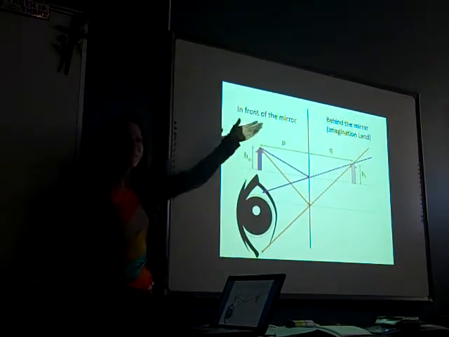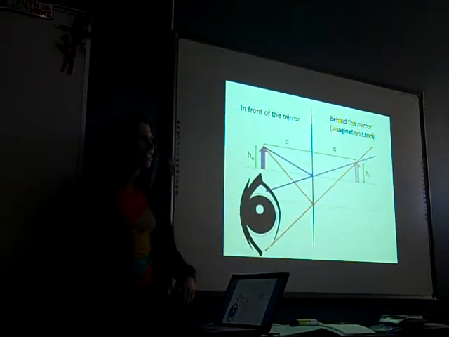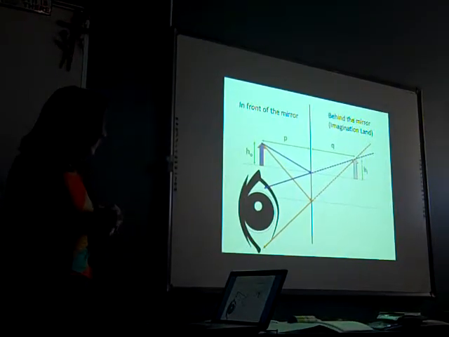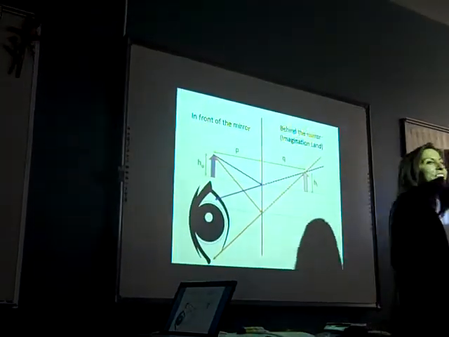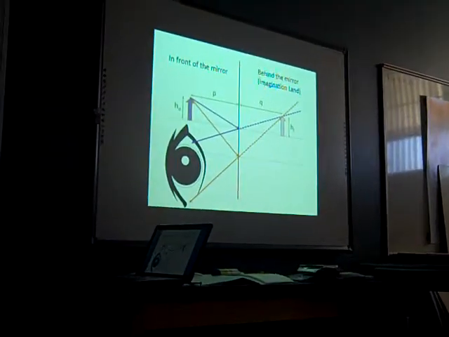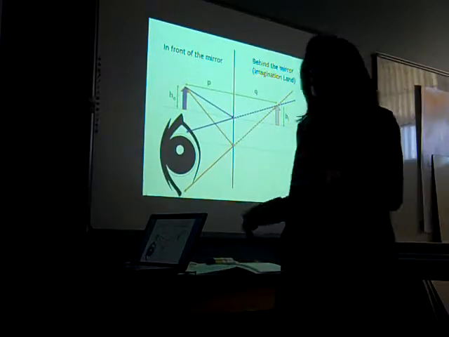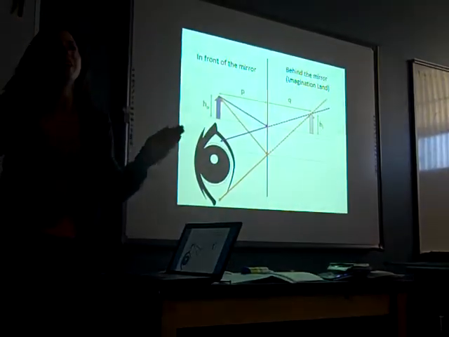HO is the height of the object, the size of the thing that you're making an image of. HI is the height of the image. So in the case of a plane mirror, HO equals HI.